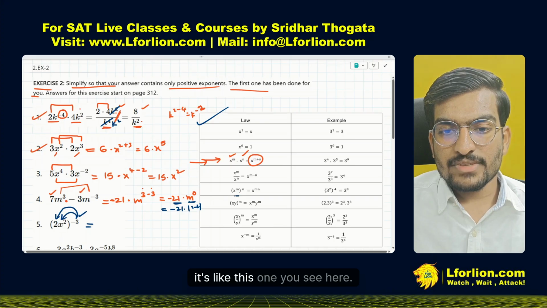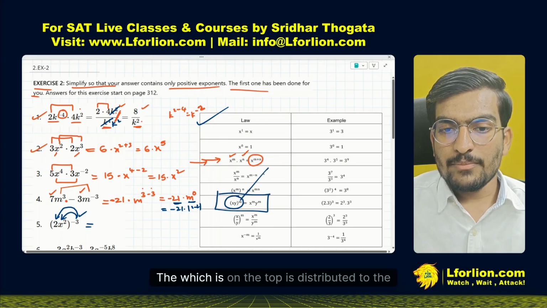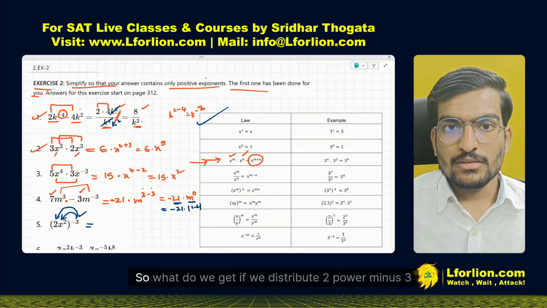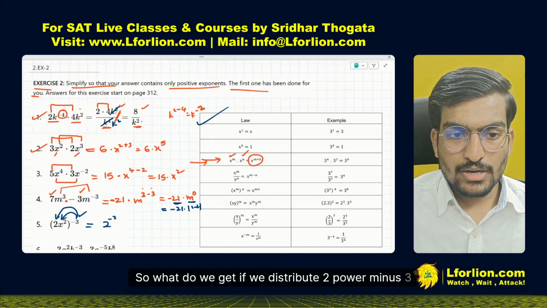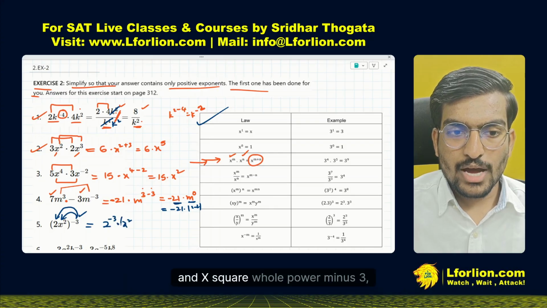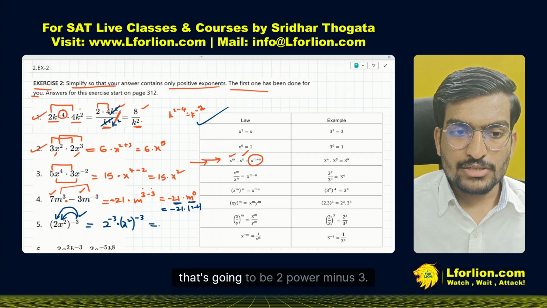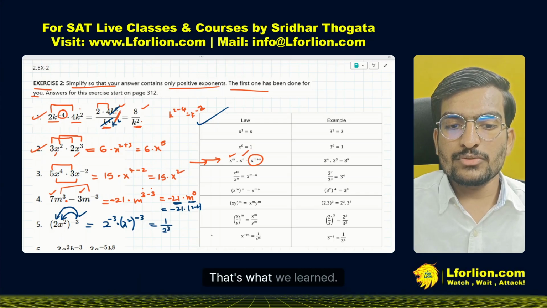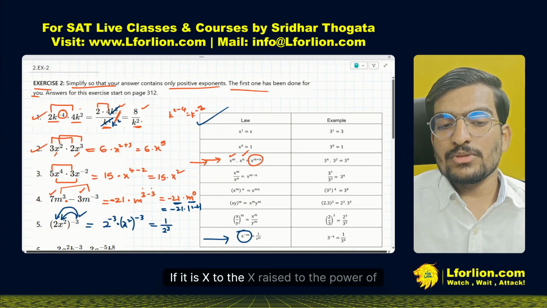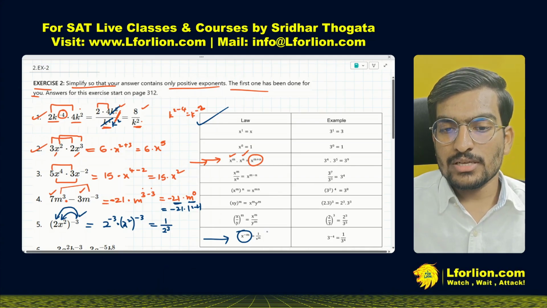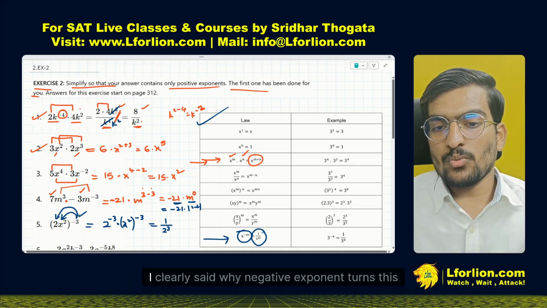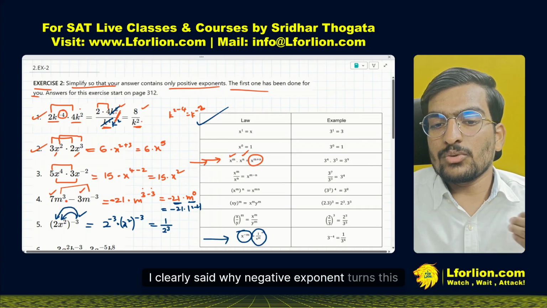So what do we get if we distribute? 2 power negative 3 and x squared whole power negative 3. 2 power negative 3 means we are going to get 1 divided by 2 power 3. That's what we learned. If x is raised to the power of a negative exponent, then if we turn it into positive, it becomes 1 by x. In exercise 1, I clearly said why a negative exponent turns this way.